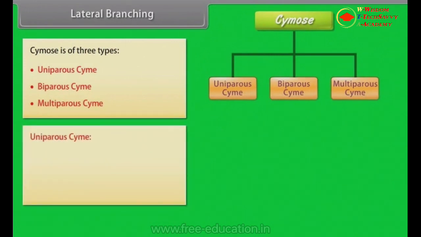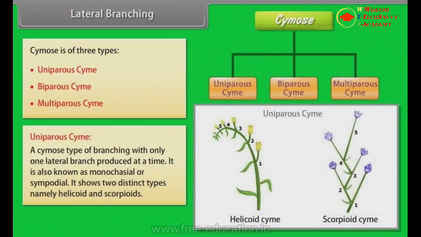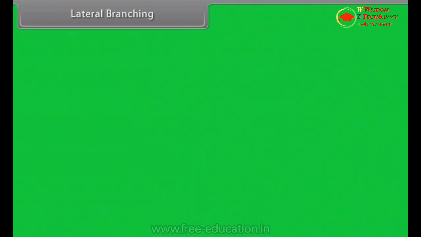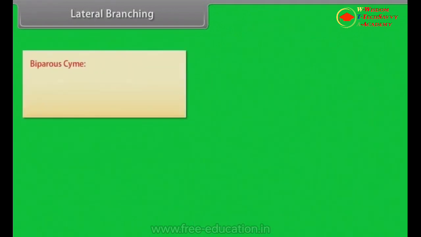Uniparous cyme. A cymose type of branching with only one lateral branch produced at a time. It is known as monochasial or sympodial. It shows two distinct types, namely helicoid and scorpioid. Biparous cyme.